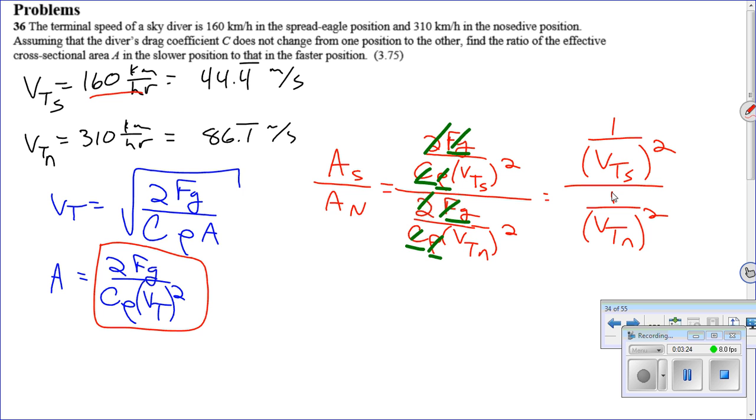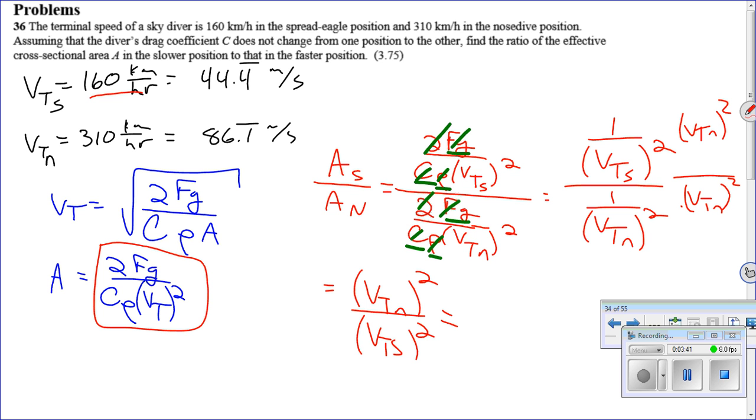So that's the same as VTN squared over VTS squared, just by multiplying both sides by VTN squared. These guys cancel out.